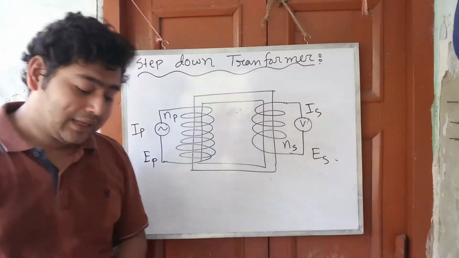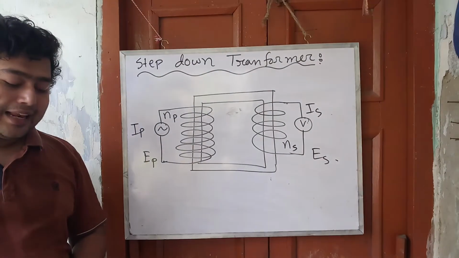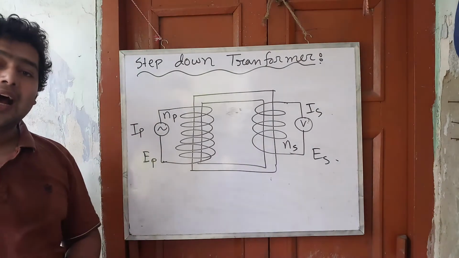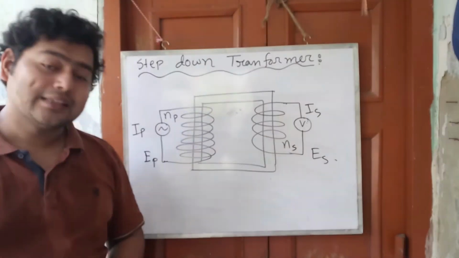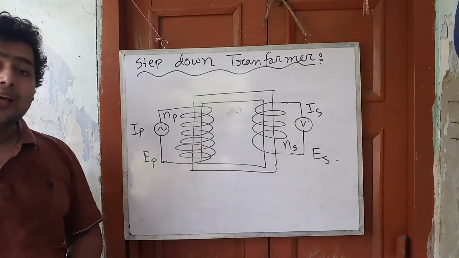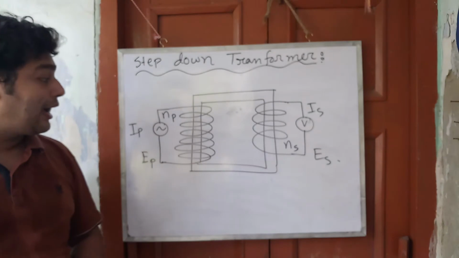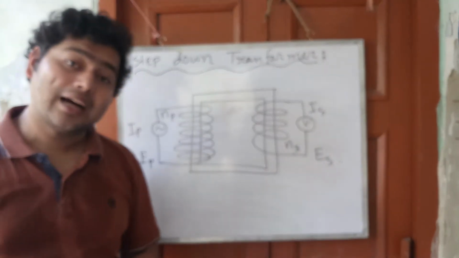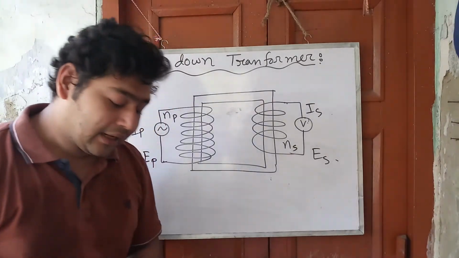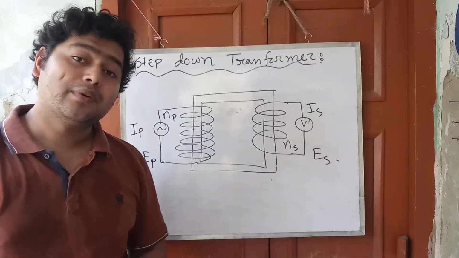The transformer which changes high potential, low electric current into low potential, high electric current is called a step-down transformer.